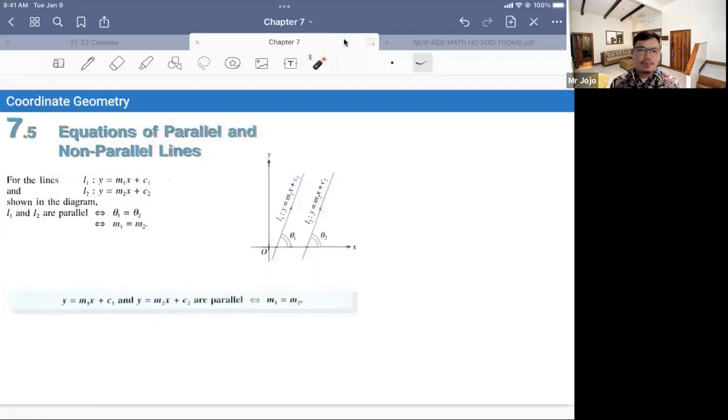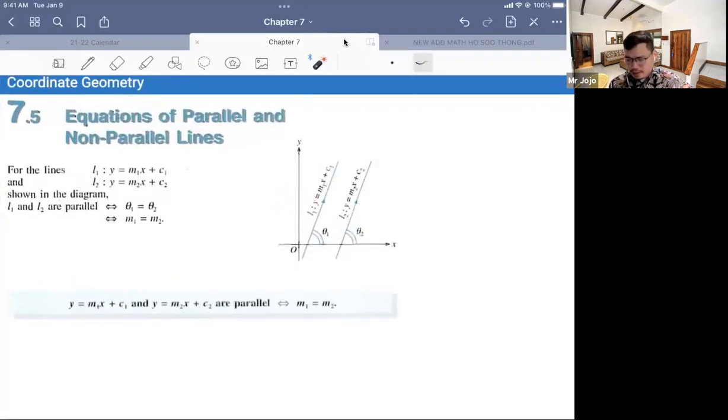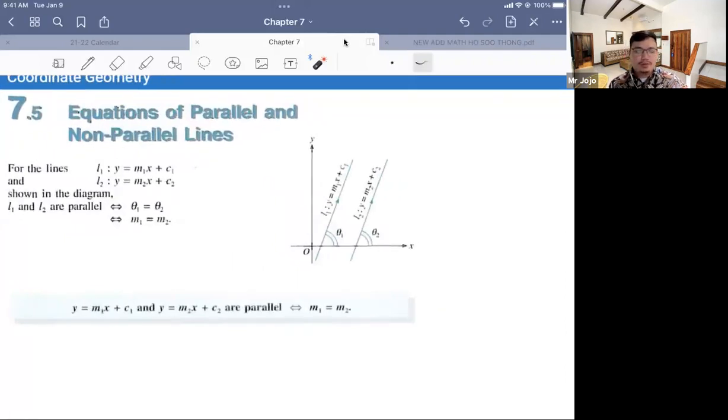Now, with parallel lines, how do we define parallel lines when it comes to gradient and the equation of the line? There's just one distinct property that two parallel lines have with their gradients.